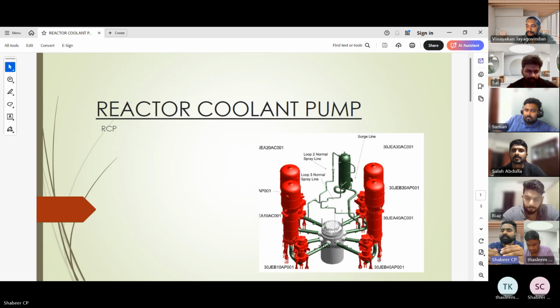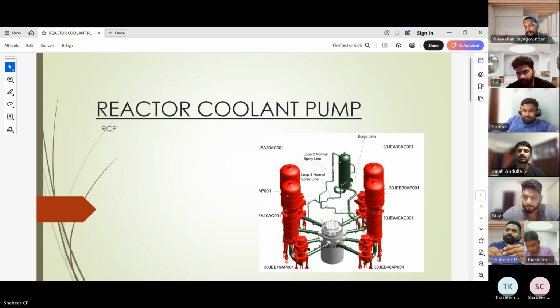Without a reactor trip, we can troubleshoot the reactor coolant pump, but it's better to shut down the reactor and take the maintenance, because the primary coolant is flowing through all the circuits. For safety and protection, it's better to take the maintenance after shutting down the reactor.